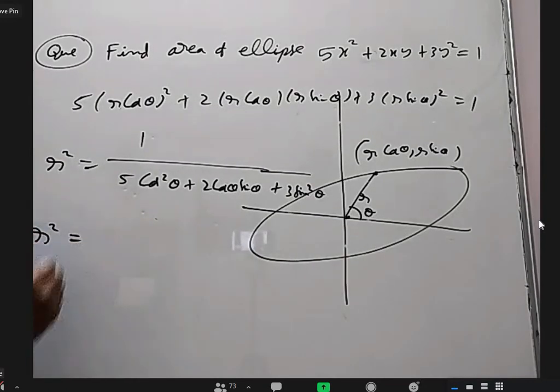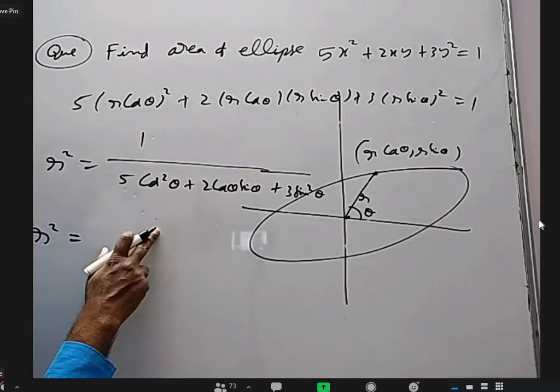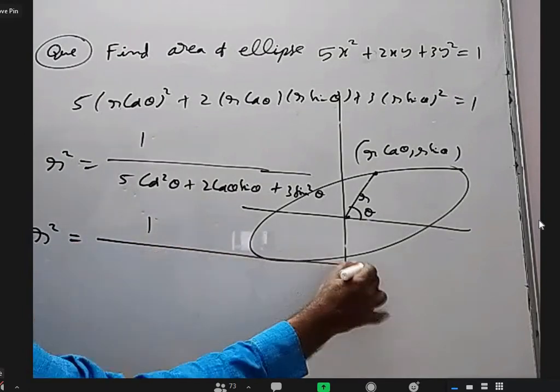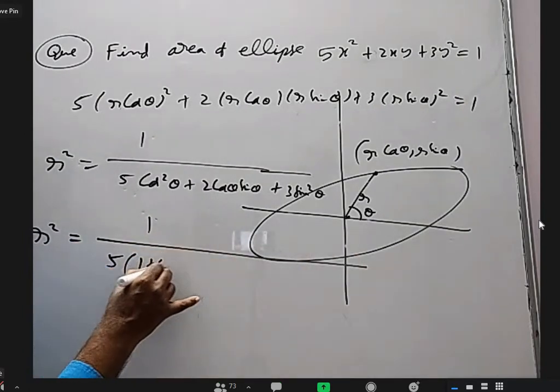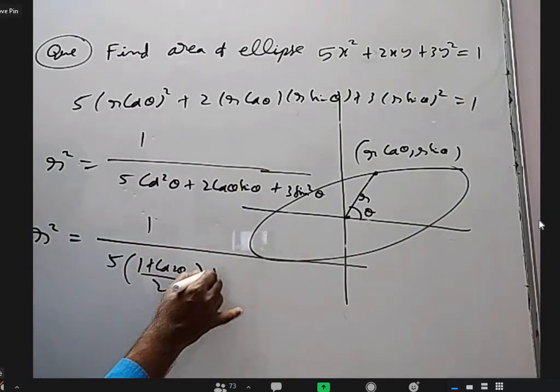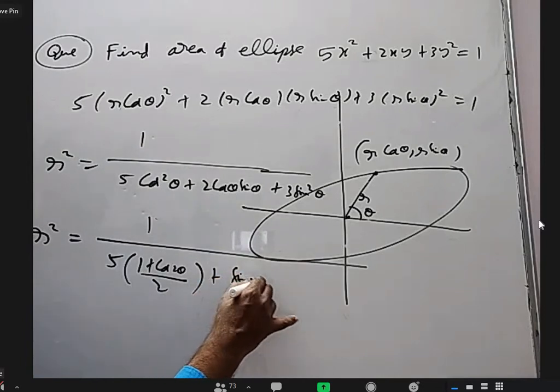So r square into, I want to write (1 plus cos 2 theta) by 2 here. So 1 by 5 into (1 plus cos 2 theta) by 2. This is sin 2 theta.